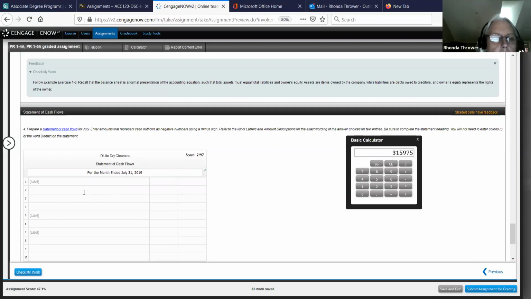Now on the statement of cash flows, what we're going to be looking at is how our cash came into the business and went out of the business. And we start with the label. This first label is what we call operating activities. Notice it says label here.